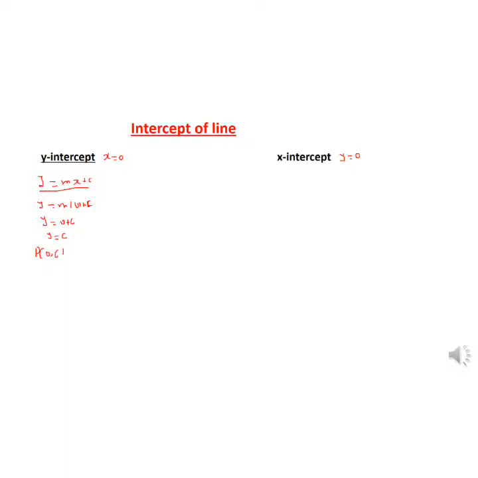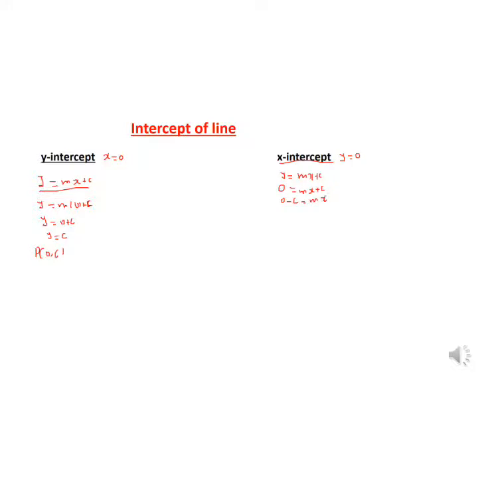So now about the x-intercept, it is where y is equal to 0. The equation of the line is y equals mx plus c. Okay, so now if y is equal to 0, the equation becomes 0 is equal to mx plus c. Collecting like terms, we get 0 minus c is equal to mx.